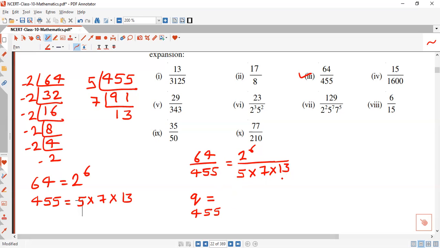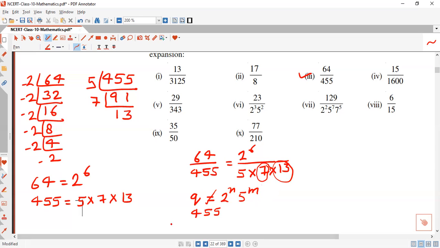So we don't have a terminating decimal expansion, because the denominator contains the numbers 7 and 13. So the denominator is not in the form of 2 raised to n, 5 raised to m, due to the 7 and 13 present in the denominator.